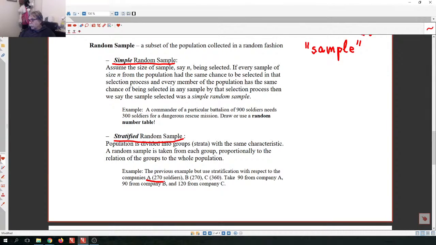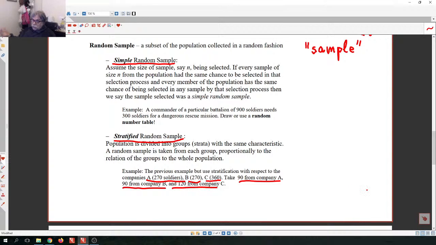So we might have a company A with 270 soldiers, company B with 270 soldiers, company C with 360 soldiers. I would take 90, a third, from company A, 90, a third, from company B, so it's proportional, and 120, a third, from company C.